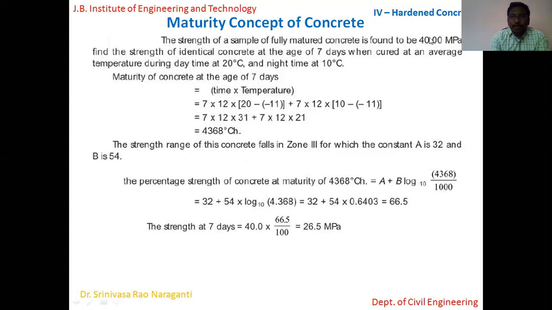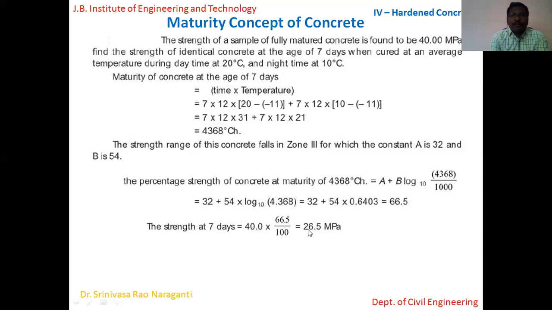Expected strength is 40. That means when you cure it for 7 days at a temperature of 20 degrees centigrade for the daytime and 10 degrees centigrade for the night time, the concrete is expected to achieve 66.5 percent of 40 MPa. That's what it means. So the strength at 7 days is 40 times the percentage for the given maturity.